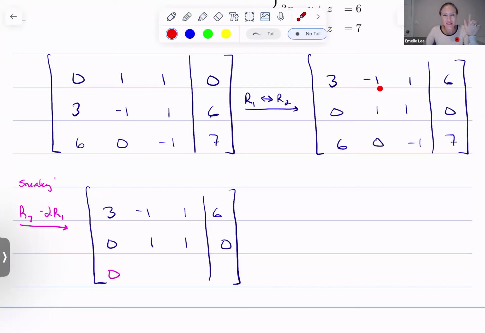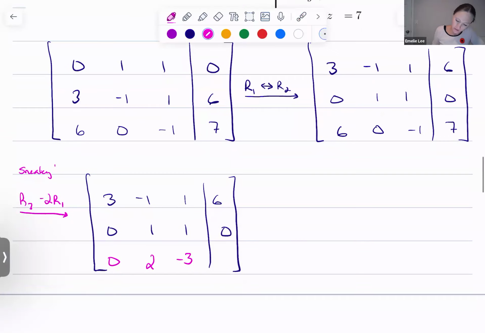Now minus and negative makes plus, and so 0 plus 2 makes 2. Now I have negative 1 minus 2 times 1 is negative 3. And then 7 minus 2 times 6, 7 minus 12, negative 5. Let me just confirm here. Looks good.